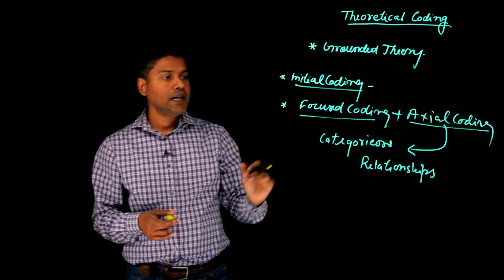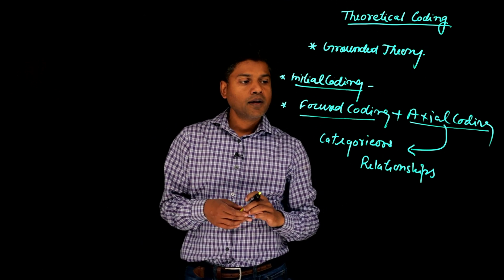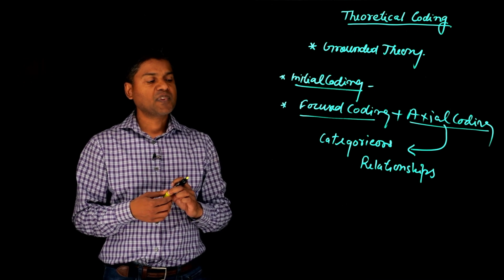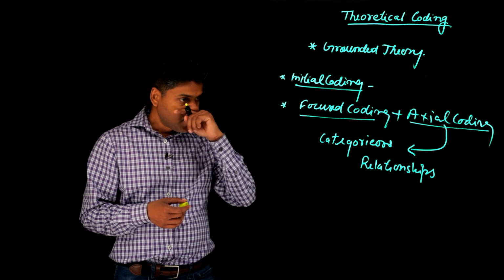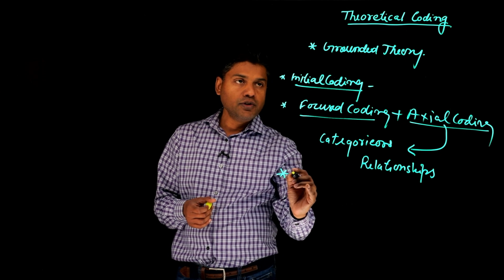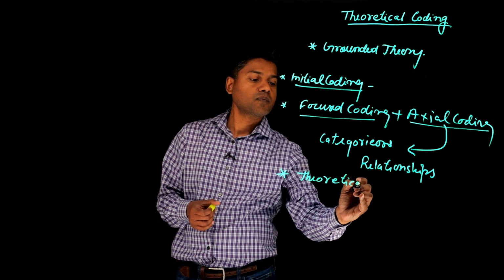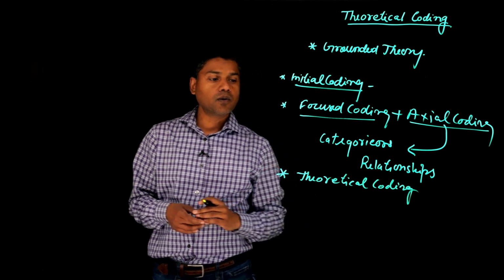Now at this stage, you already have your categories figured out, and you also have figured out the relationships between those categories. Now at this stage, we introduce theoretical coding. So what happens in theoretical coding?